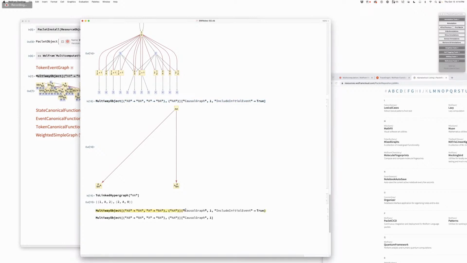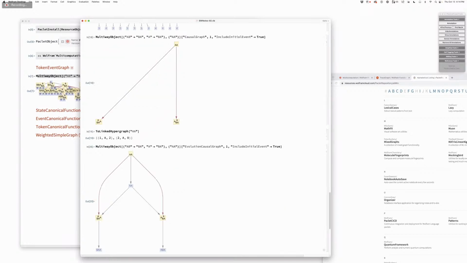So which one? Evolution causal graph? Well, yeah, it did destroy it. Actually, in this case, it didn't recreate it. Okay, I don't have tooltips for the hypergraphs here in the multiway. Okay, I don't know. Okay, so let's take a look. I simply don't understand this thing here. Right, but you see in out of 19, there's the 2 in both of those tokens.